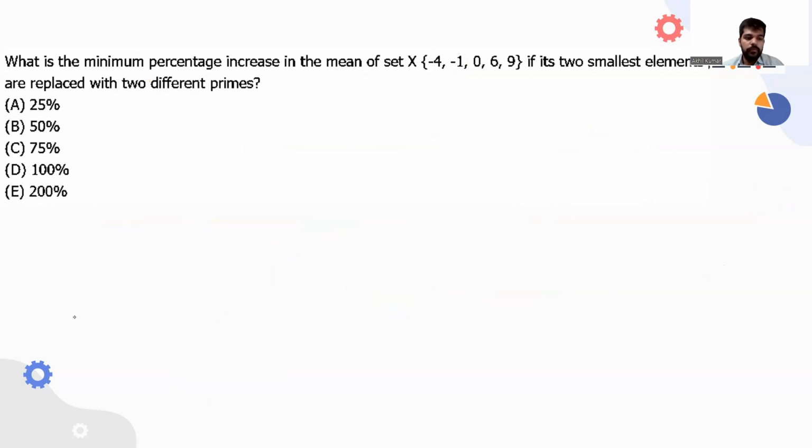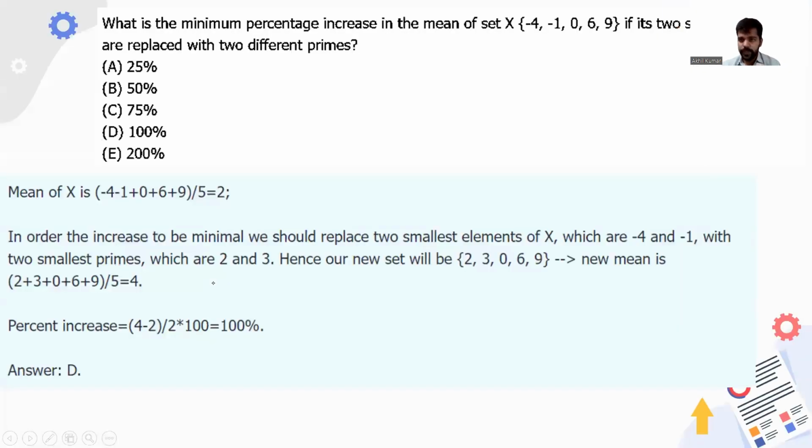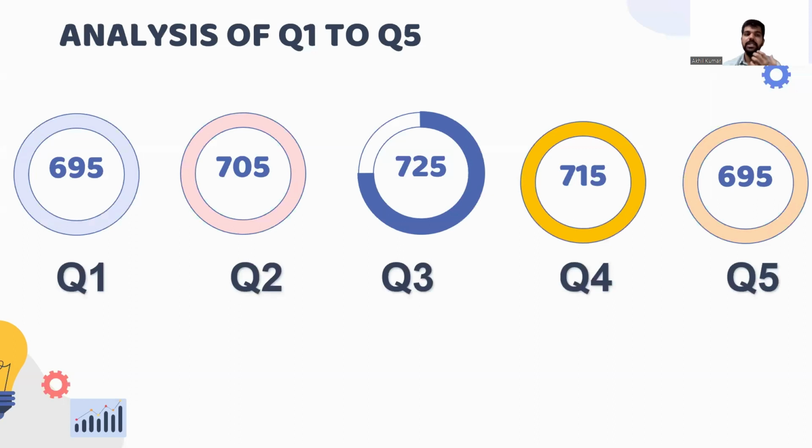If we talk about all the 5 questions that we have discussed in this video, the questions are not difficult. In a few of the questions, we need to apply a little bit of calculation. In a few, we just need to apply the basics. But still, the level of difficulty is from 695 to 725. As I mentioned, in question number 3 we have to do a little bit of hit and trial. We got the answer with the first hit and trial, but the scenario will not always be the same.